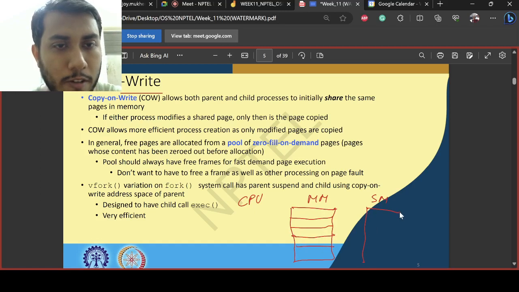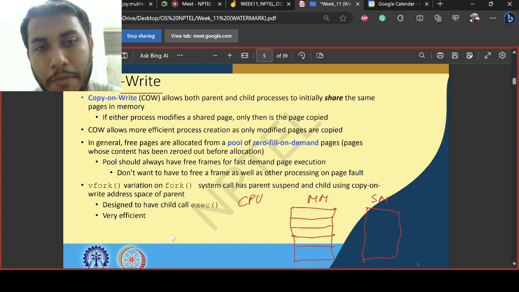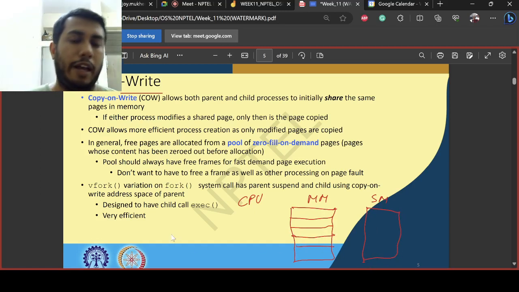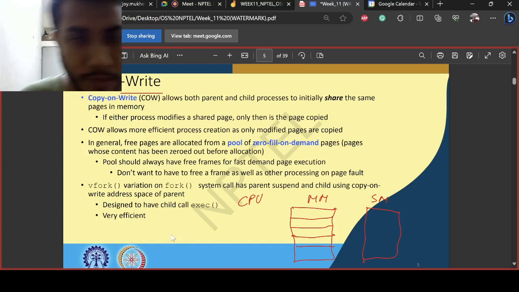So you know that virtual memory is basically your main memory along with your secondary memory.